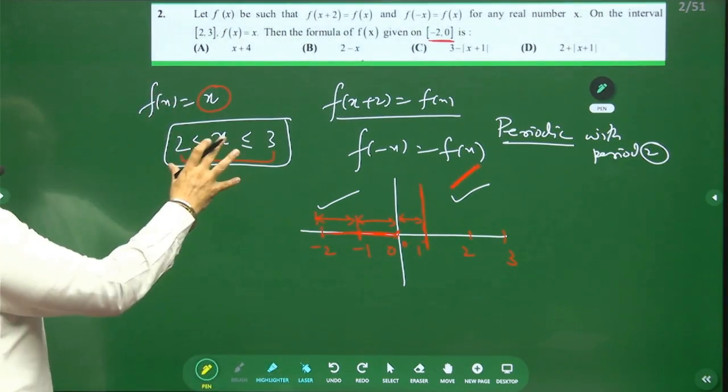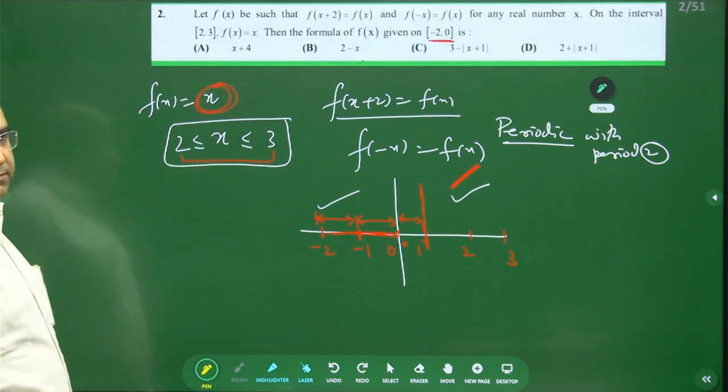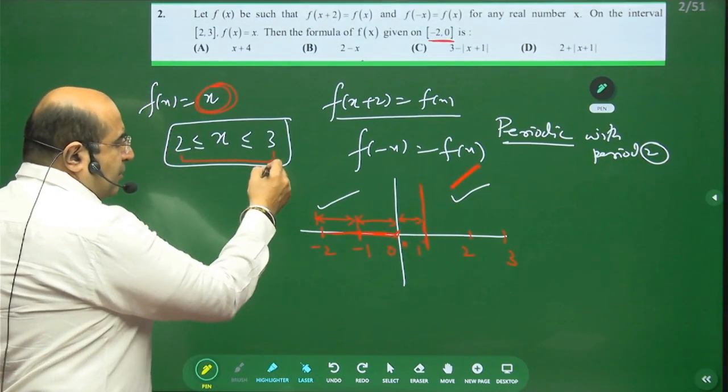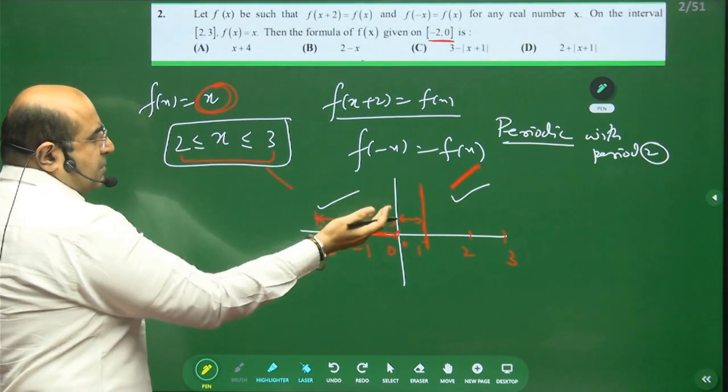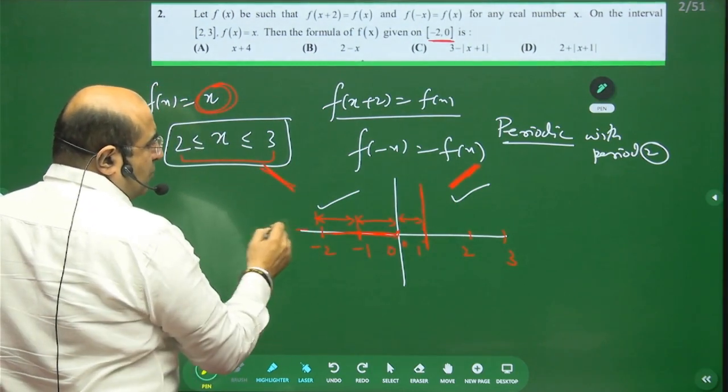So how to write the function in that case? The outcome should look like x only, because it is the mirror image of that. After this also it should look like this, y equal to x, the mirror image of this, in minus 2 to minus 3.